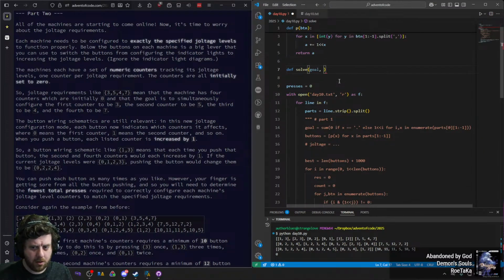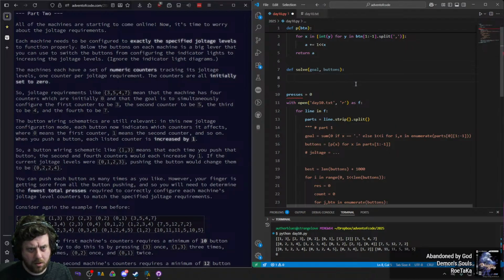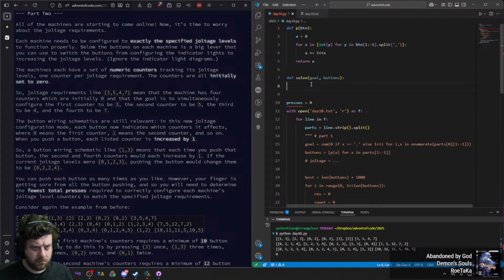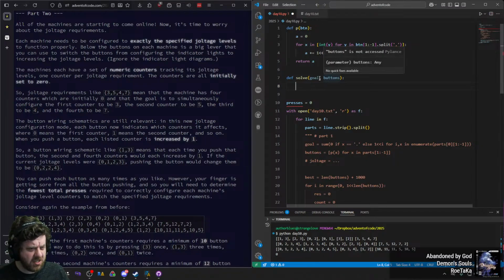Goal. Buttons. So first thing I need to do is figure out the maximum number of times I can hit each button. Oh, I need to know my state so far.